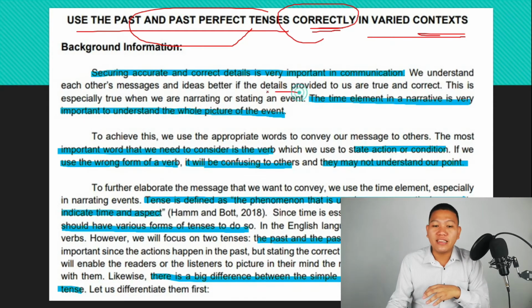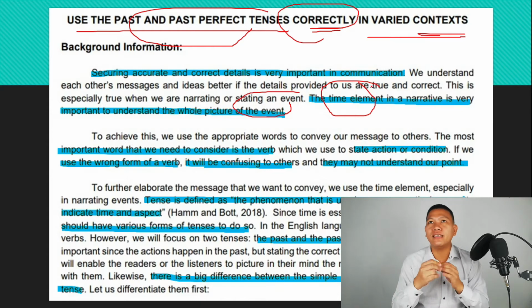So when we are stating an event or we are telling a story, we make sure that what we are telling are just facts. Okay? We avoid providing fake news. And it's very important in a narrative that our time element is correct. Okay? It's very important. It tells us the real picture behind our story.